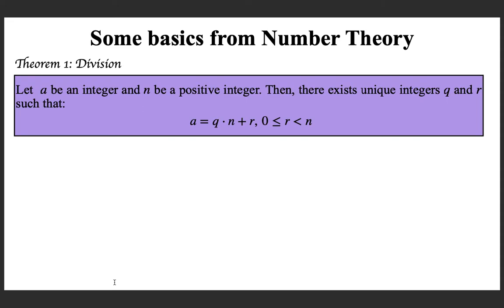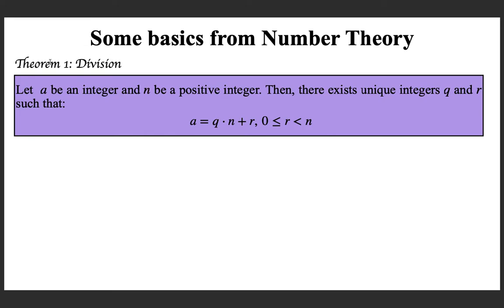Let A be an integer. A can be any integer, negative or positive, and n be a positive integer. Okay, we are looking at an arbitrary integer A and a positive integer n.